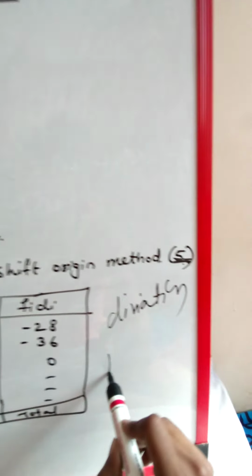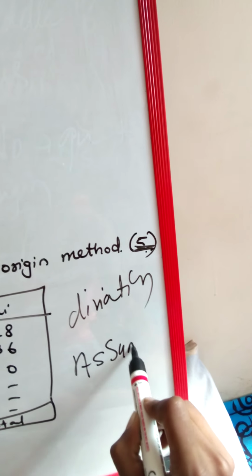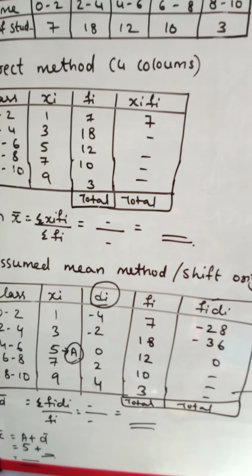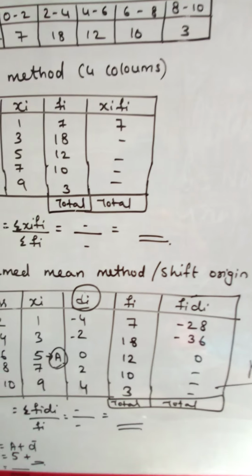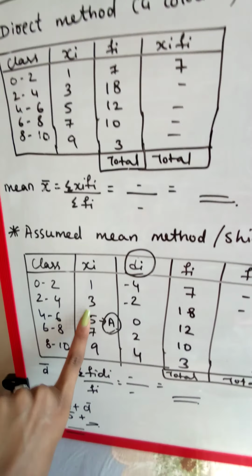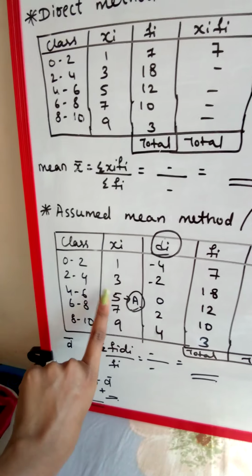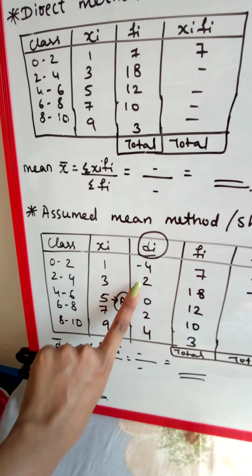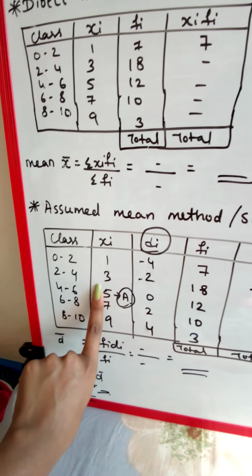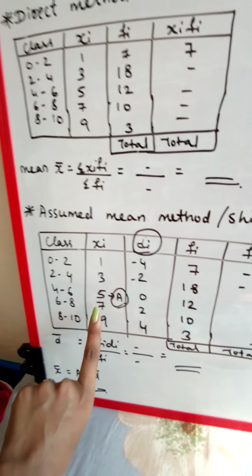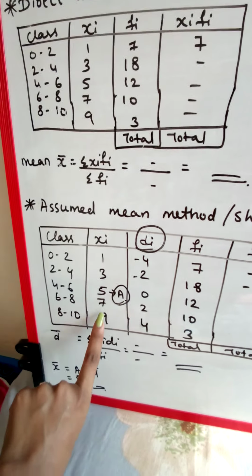This a stands for assumed. Then in di you have to subtract: 1 minus 5 is equal to minus 4, 3 minus 5 is equal to minus 2, 5 minus 5 is equal to 0, 7 minus 5 is equal to 2, 9 minus 5 is equal to 4.